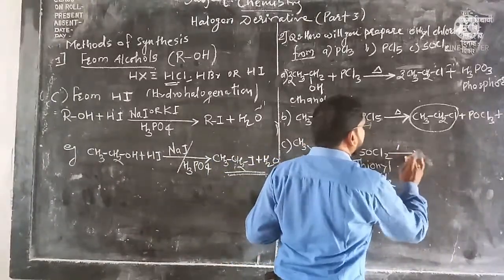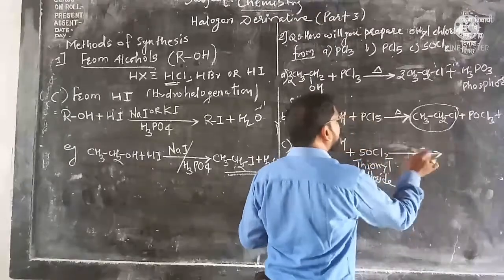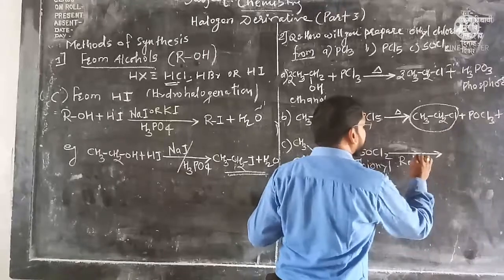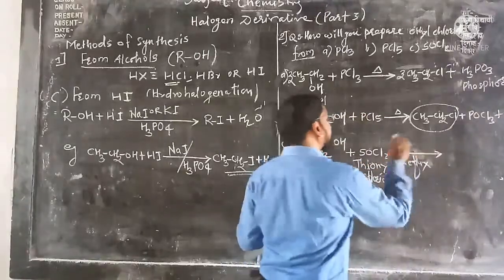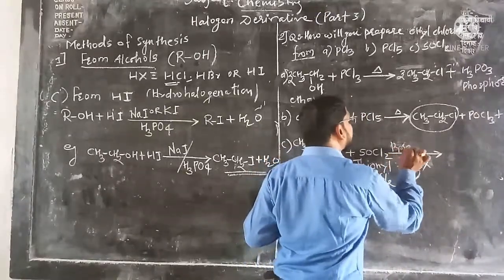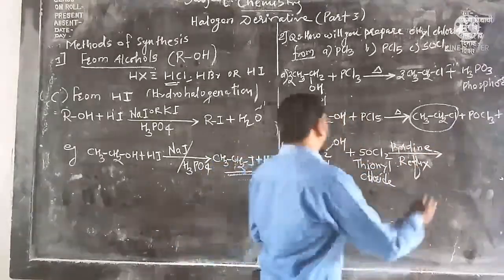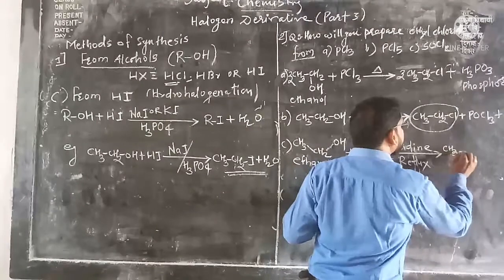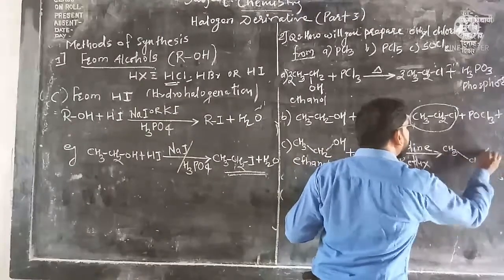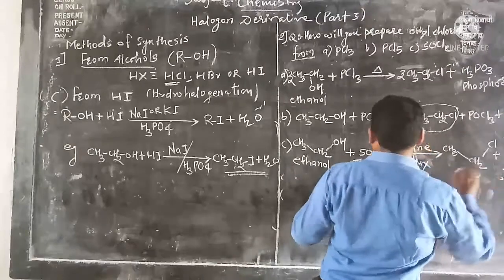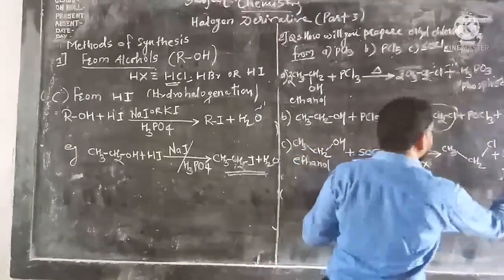See here, what is to be remembered? This reaction undergoes via reflux in the presence of pyridine. This is an important condition. After that we get the desired product CH3CH2Cl plus SO2 plus HCl.